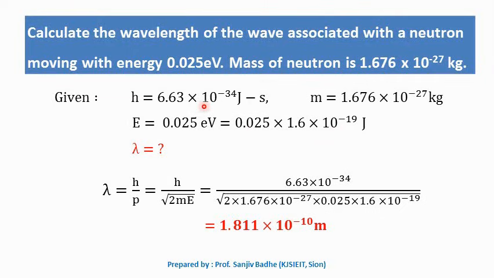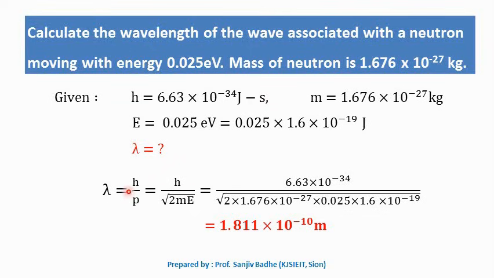Planck's constant we already know, 6.63 into 10 raised to minus 34 joule second. Mass of the neutron is given here as 1.676 into 10 raised to minus 27 kg, and we are asked to find out the wavelength of the wave associated with the neutron. Using the de Broglie relation, we can write wavelength is equal to h upon p, and p is equal to square root of 2mE, where E is the energy of the moving neutron.